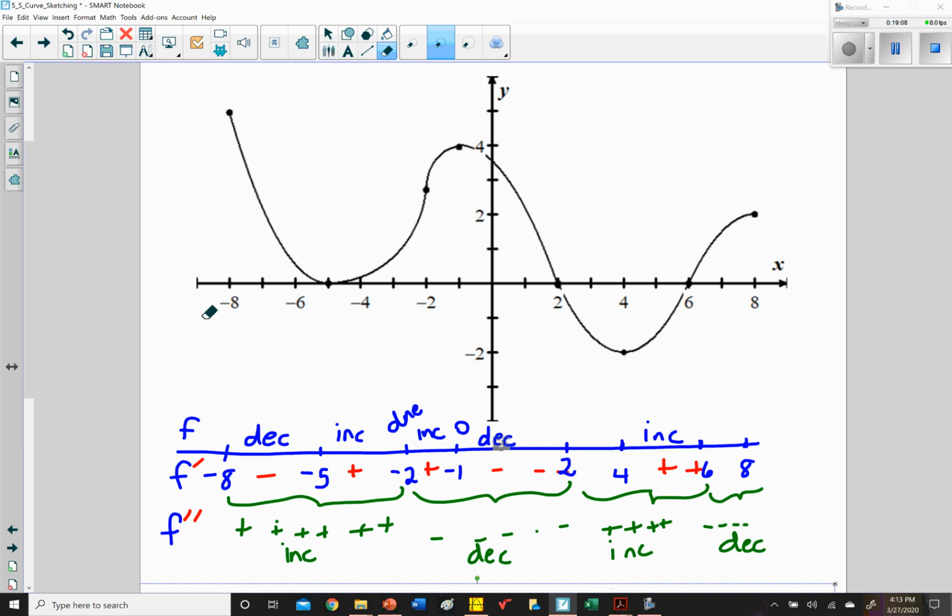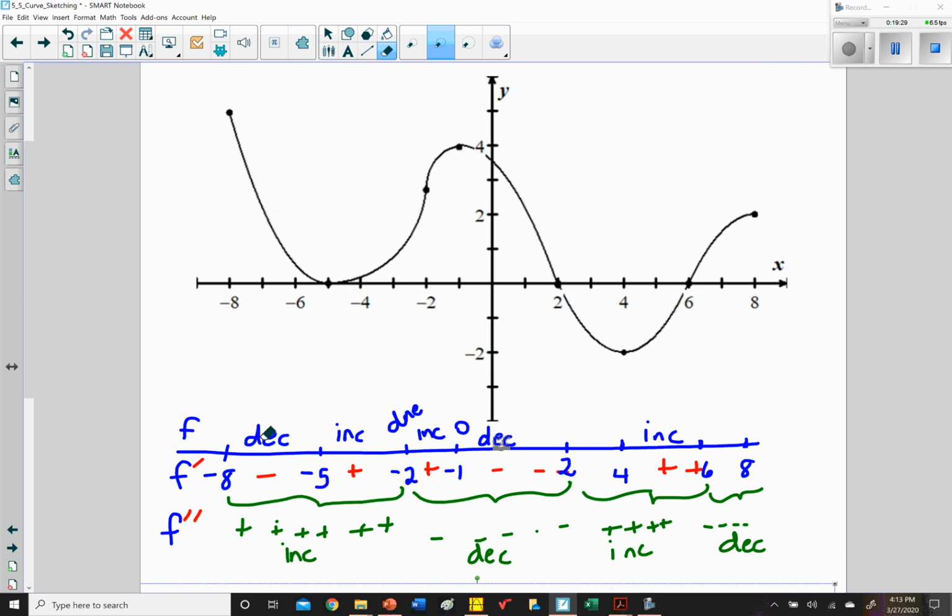F prime at -8 is above the axis. Suppose that we're going to sketch the derivative graph. So f is decreasing to -5.